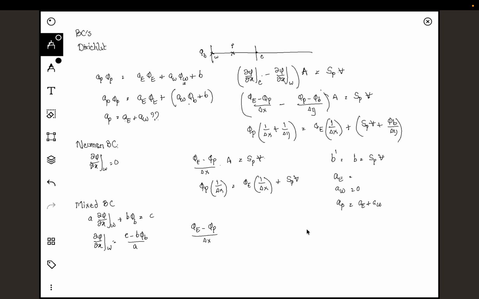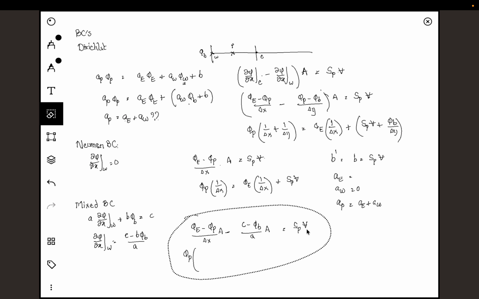Phi P by delta x minus, so again the same remains. So just like Neumann BC, we'll have phi P, then some term somewhere. I think I missed some term somewhere. Okay, just a second.